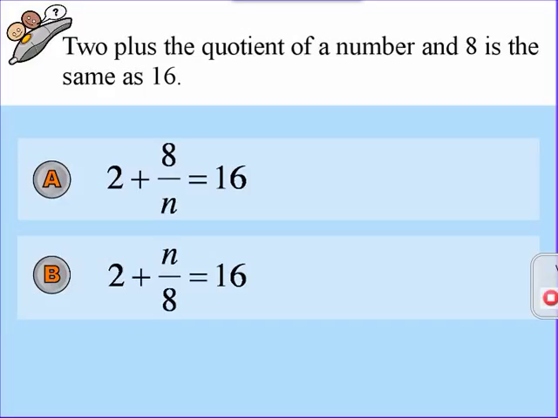Here you go. 2 plus the quotient of a number and 8 is the same as 16. Write this down and see if yours matches one of those up there.